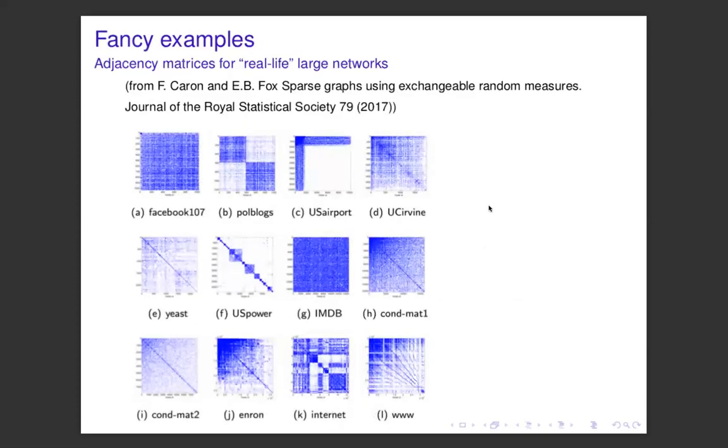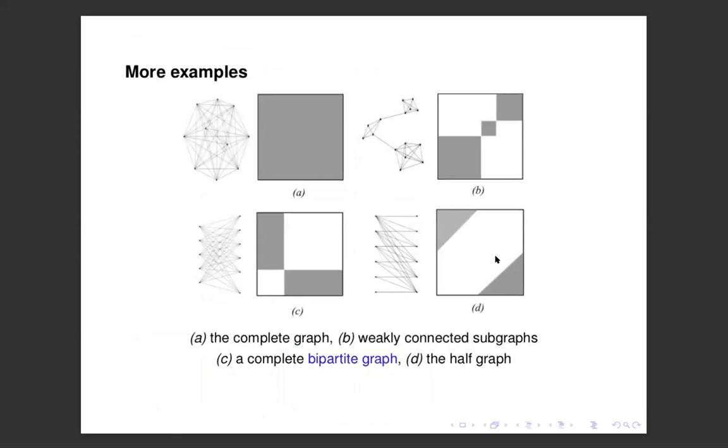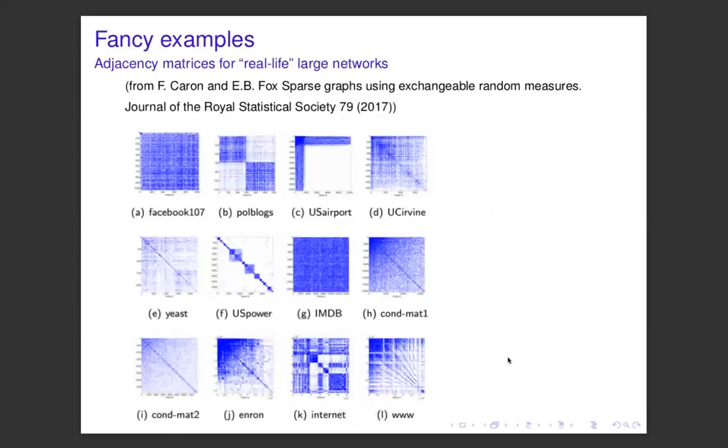And you also have fancy real life examples with large networks like the ones pictured here, which I took from a paper by Karen and Fox of 2017. And so you can picture some of the characteristics of the adjacency matrix also in these simple examples and in these real life large networks.